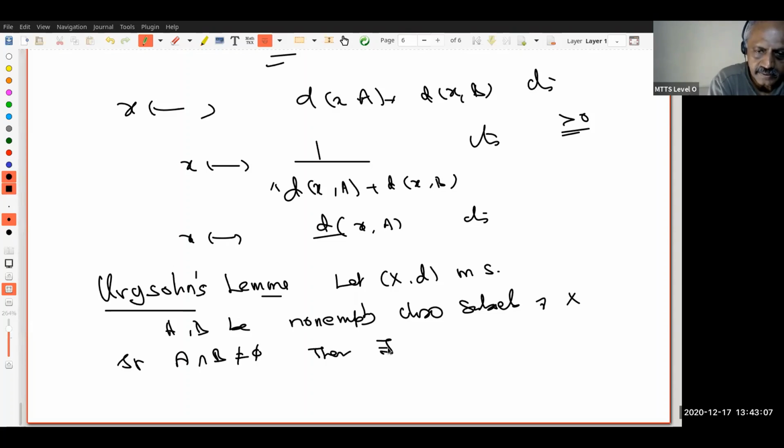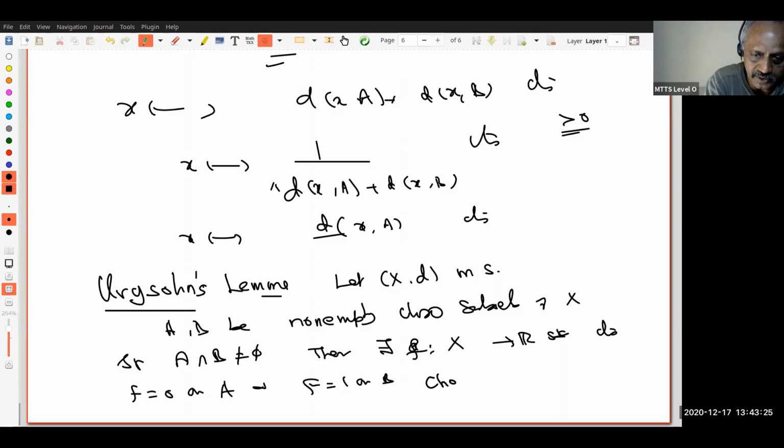Then there exists a continuous function f from X to R such that f is 0 on A and f is 1 on B.